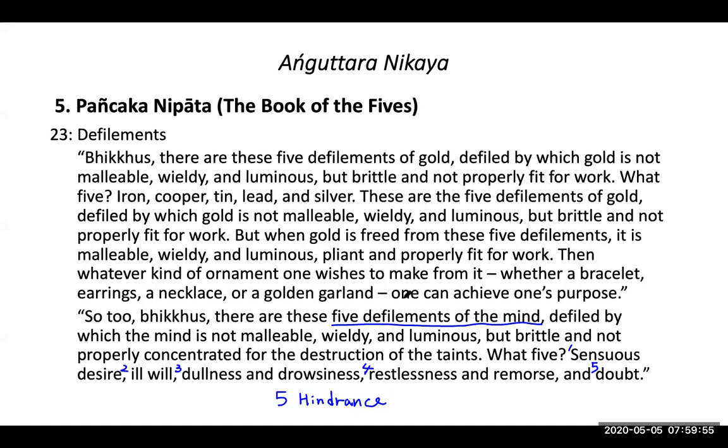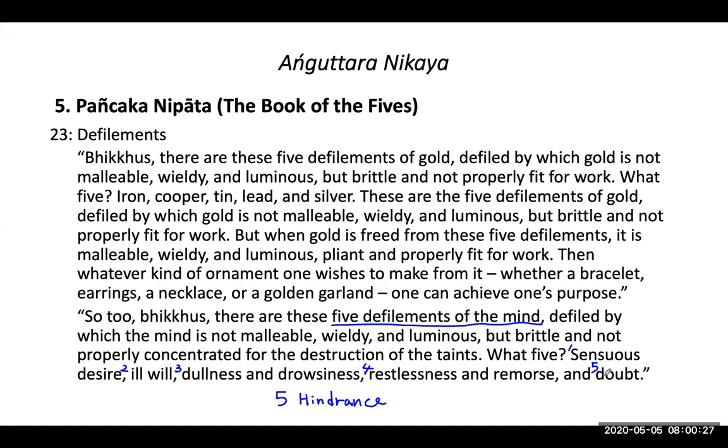So it's like a simile. The impurities that defile gold are iron, copper, tin, lead, and silver. The impurities that defile the mind are sensuous desire, ill will, dullness and drowsiness, and restlessness and worry, and skeptical doubt.